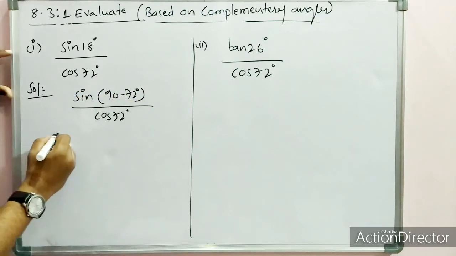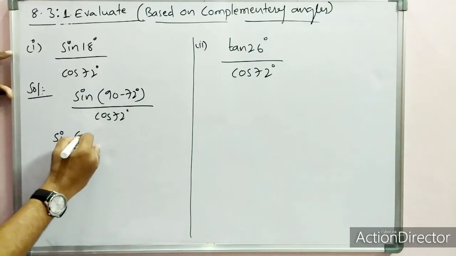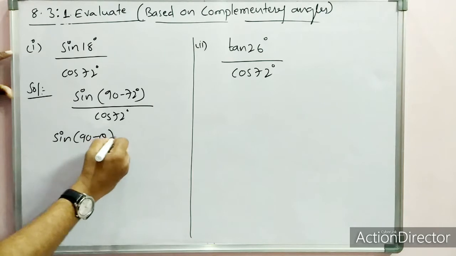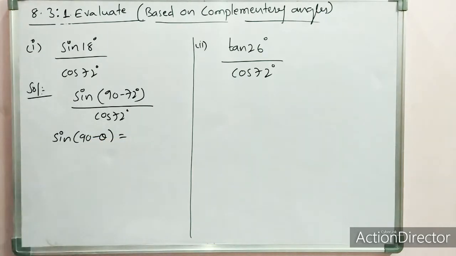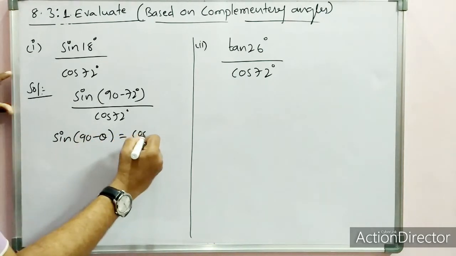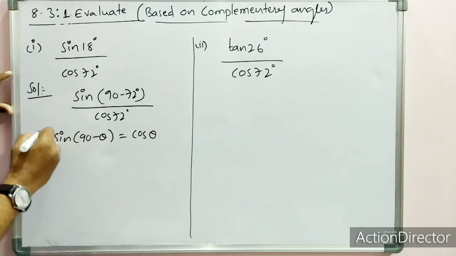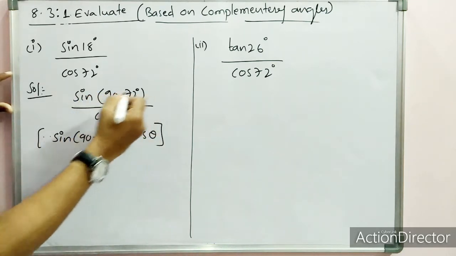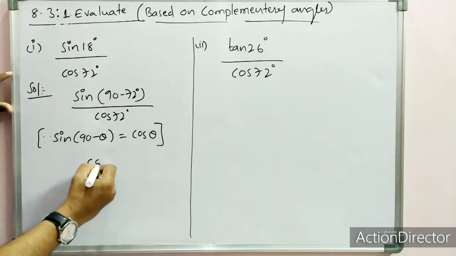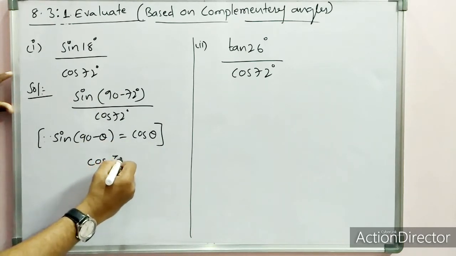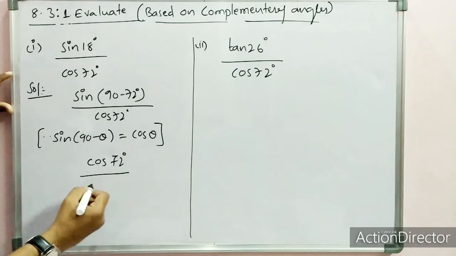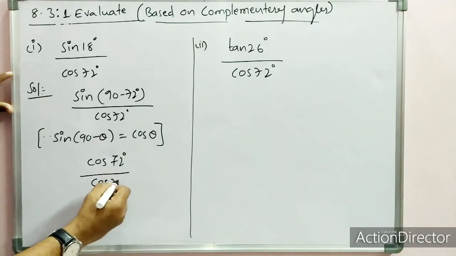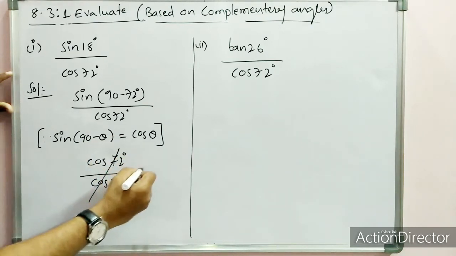Now we have a formula, sin 90 minus theta is cos theta. So by this complementary formula, sin 90 minus theta is cos theta, that is cos 72 degrees by cos 72. So it will become 1.